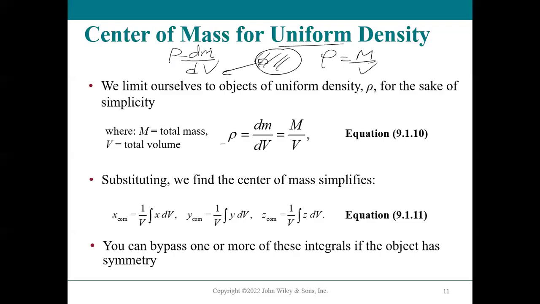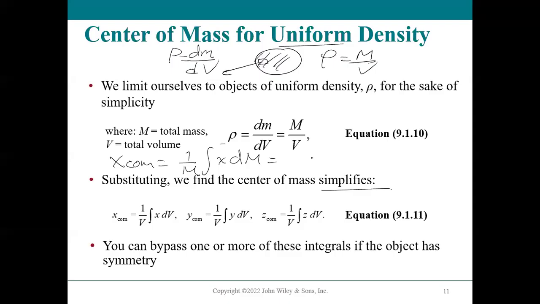By substituting this, the center of mass simplifies. X center of mass, since rho is the same, we can divide by rho here. Actually, the center of mass before is 1 per M times the integral of x dm.